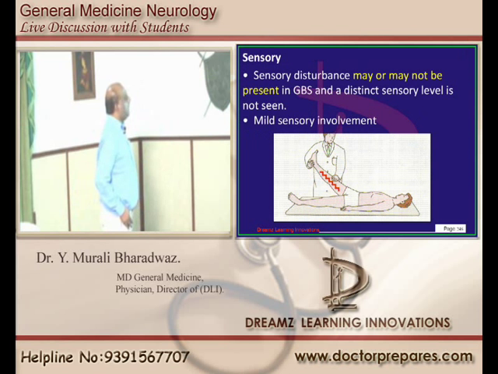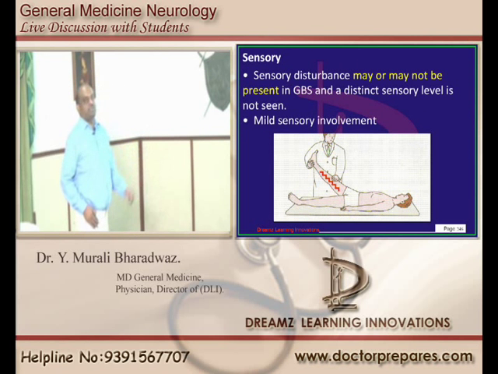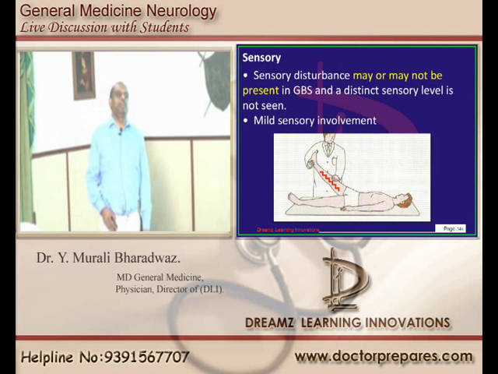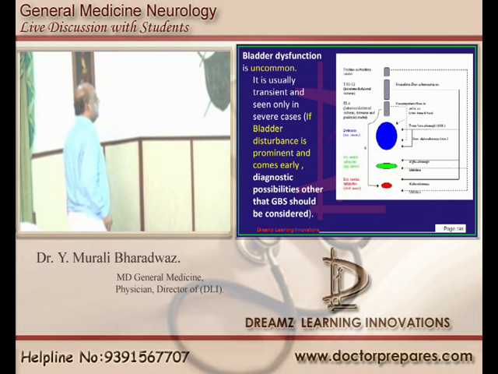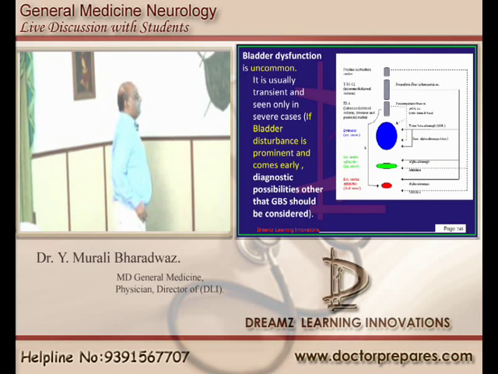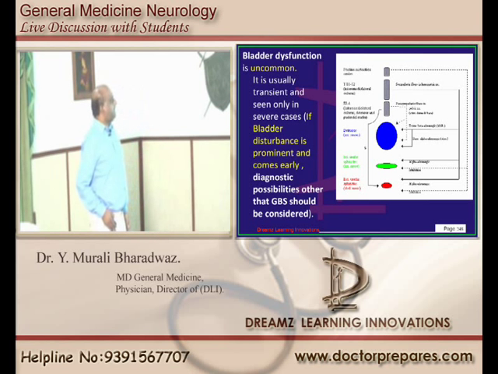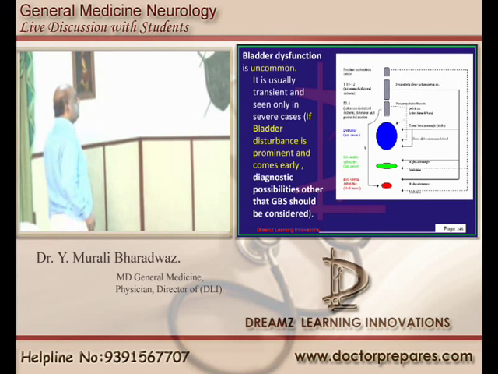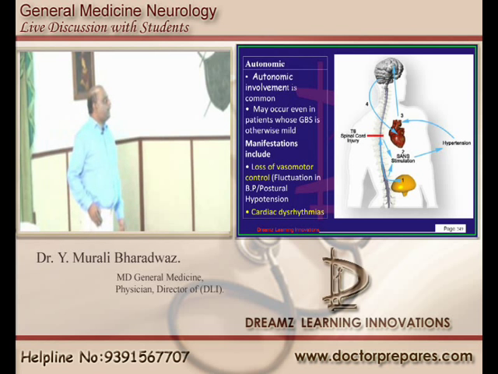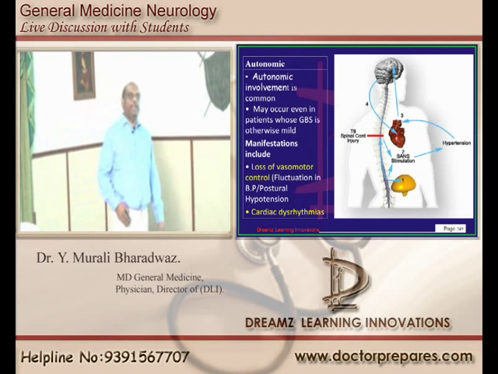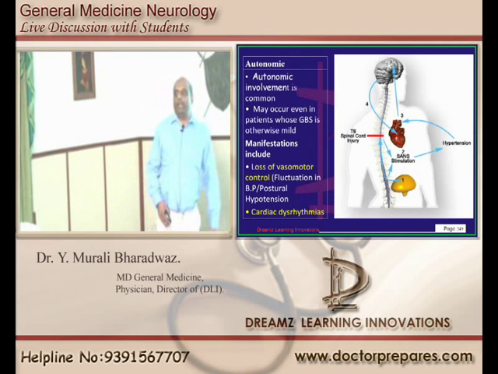And objective sensory loss is not found. If it is found, you have to revise your diagnosis. Bladder dysfunction is uncommon. If at all there is a bladder disturbance very early, then you need to revise your diagnosis. Then autonomic involvement can occur, with loss of vasomotor control, with cardiac arrhythmias, anything can occur in Guillain-Barre.